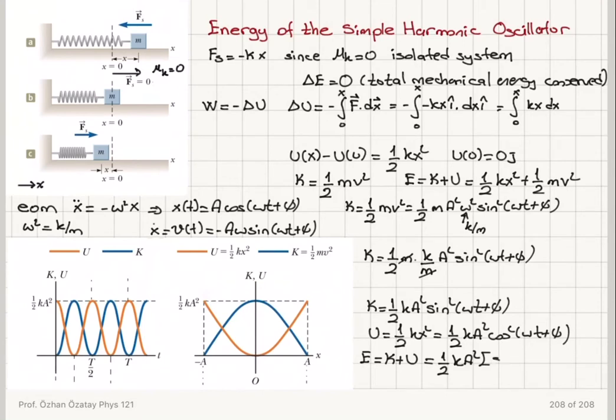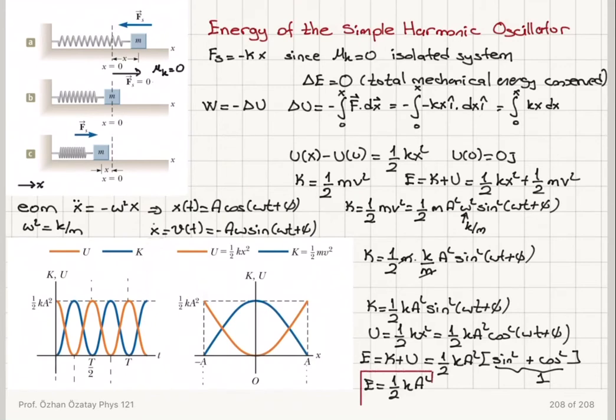And if I write the total mechanical energy of the system, total mechanical energy is kinetic plus potential. It will be equal to 1 over 2 ka squared times sine squared plus cosine squared of omega t plus phi. So this is going to give me 1.